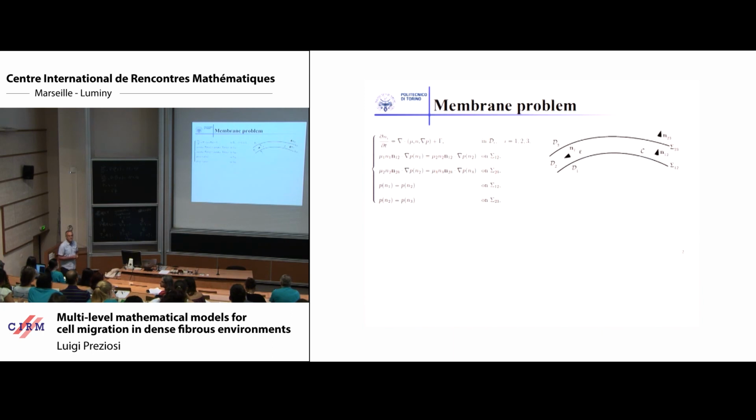Well, of course, this can be proved mathematically. If you have a cell that is crawling and going from here to here, then the outgoing flux has to be the incoming flux in the other domain. This is called the continuity of fluxes.